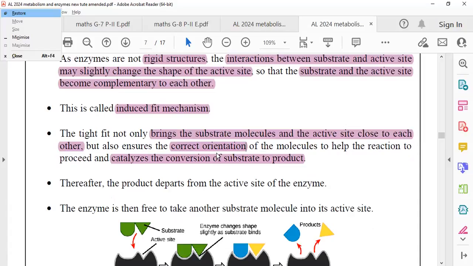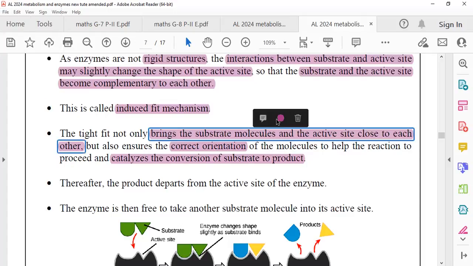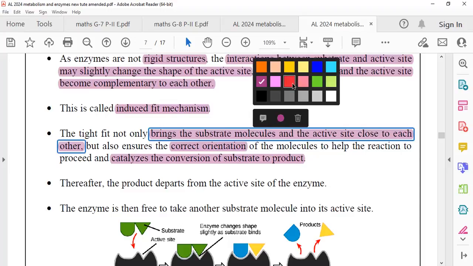Understood? Yes, sir. Third one, as usual, it is decreasing the activation energy, catalyzing the reaction. So that is understandable. Yes or no?